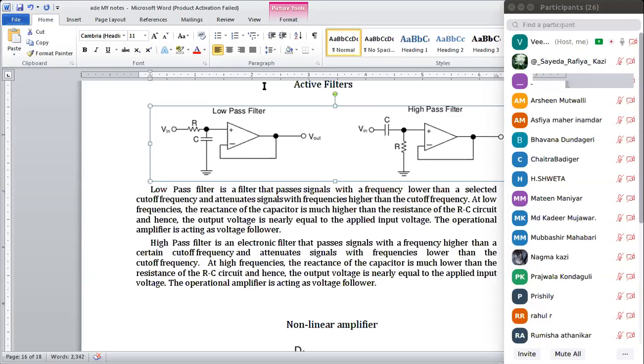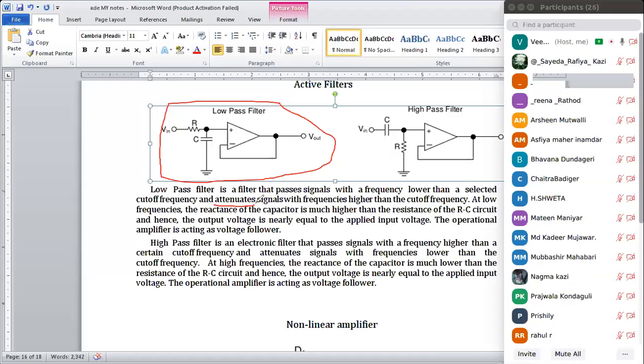So this circuit, the low pass filter circuit, will attenuate. Attenuation is nothing but stop. Attenuation is a word which is equivalent to stop.